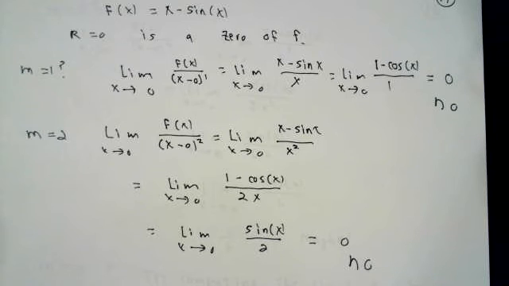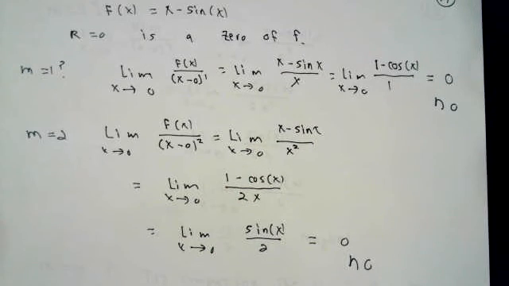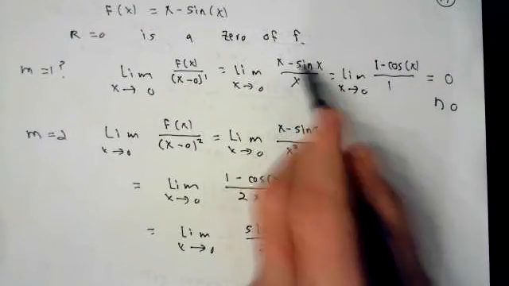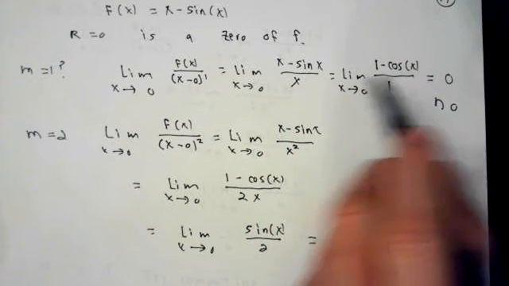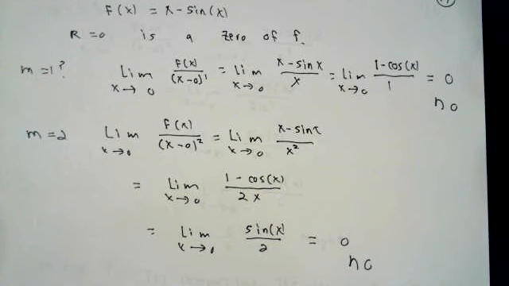I can write down another limit whose top is the derivative of x minus sine x, and whose bottom is the derivative of x, and those two limits act the same. So the derivative of x is 1, minus the derivative of sine x, which is cosine x. On the bottom of the fraction, the derivative of x is 1. Now this is not an indeterminate form anymore.